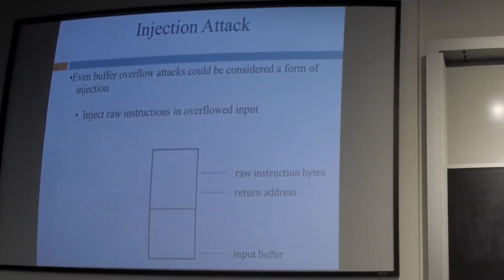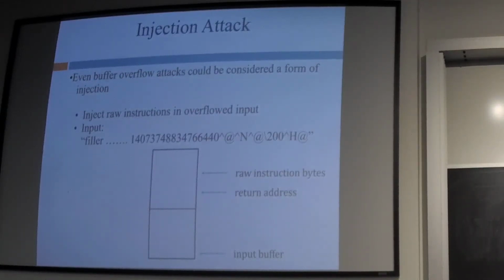And if your program doesn't do anything to prevent the user from typing more than that, then they can type enough information that overwrites the return address. And even beyond that, they could write raw instruction bytes. So they could actually put machine code in the string that they enter. And you could do it in such a way that the return address jumps to those instructions that you inserted.